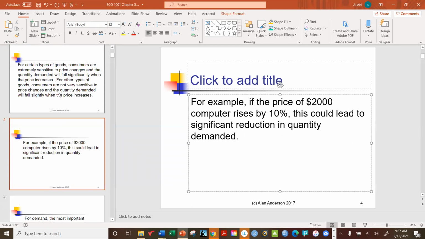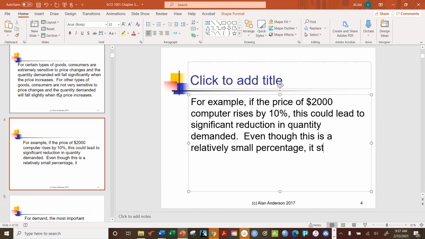Now, 10% is not a lot, but if you notice, even though 10% is not a huge percentage, it still translates into a price increase of $200. That's a lot of money.